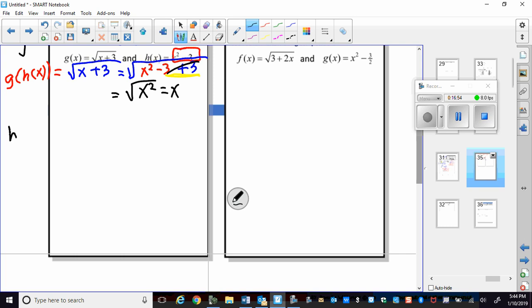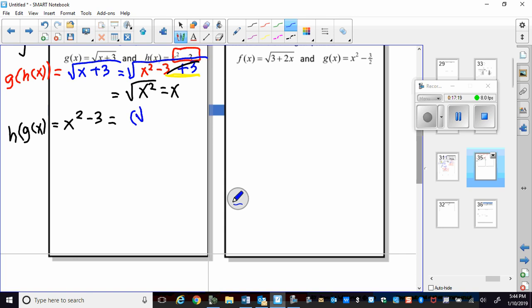I have h of g of x. We start off with the h equation, which is x squared minus 3. This time we're inserting g of x into that x squared.